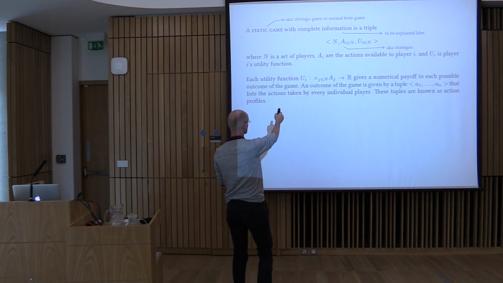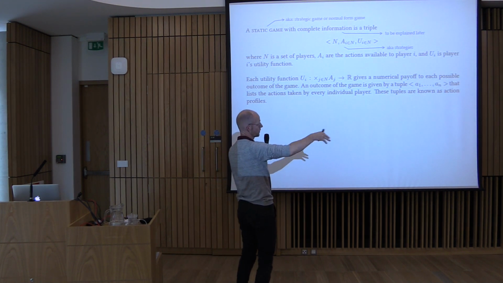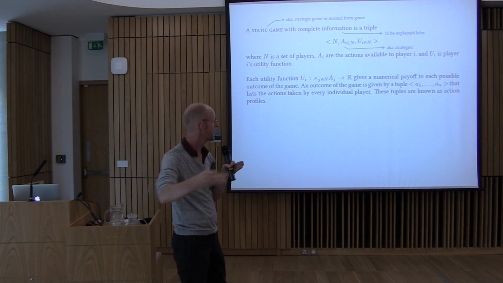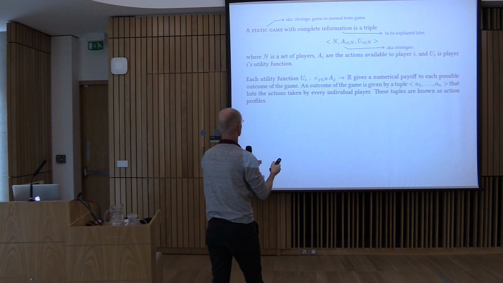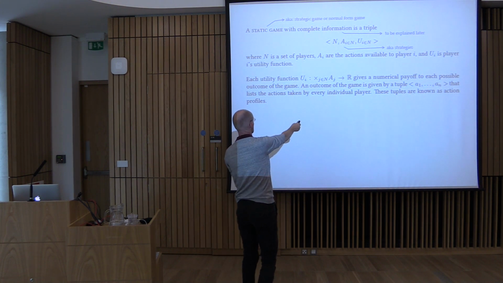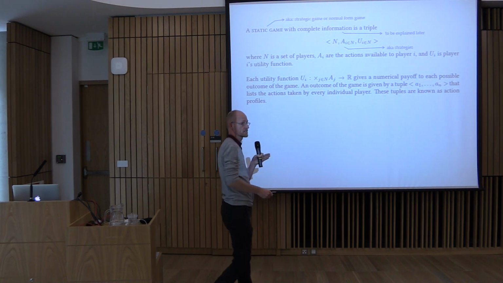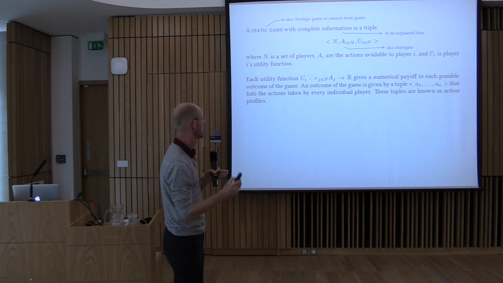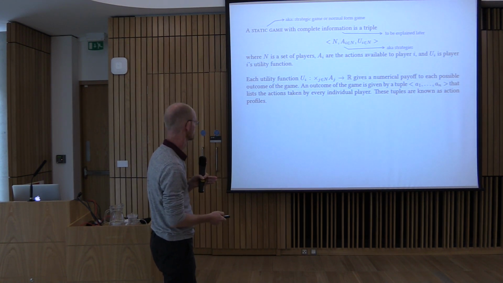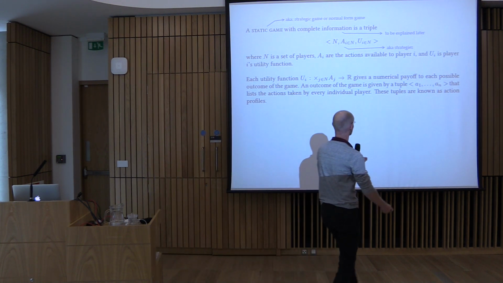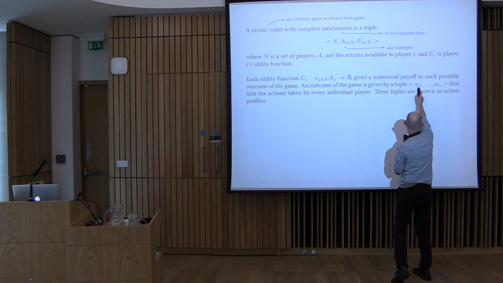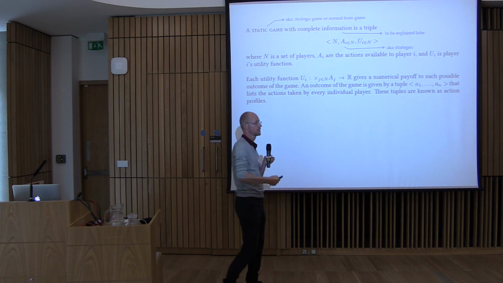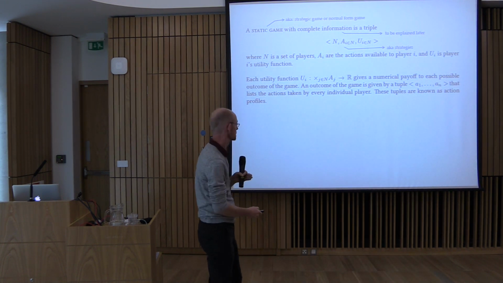If you look at what all players are doing, they're all playing a certain action, and then for each agent, the utility function says that is the utils or money or whatever that person gets. And this is the set of actions that the first person until the last person, the nth person, is doing, and that's called an action profile.